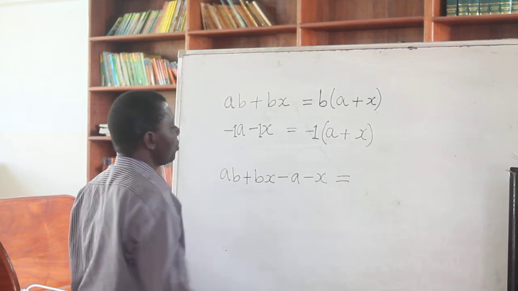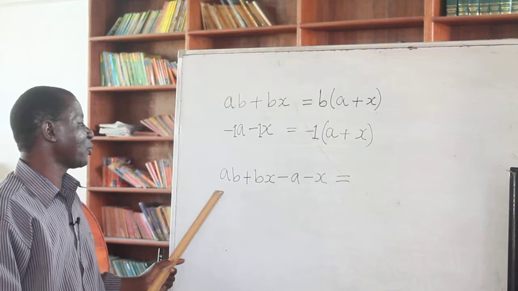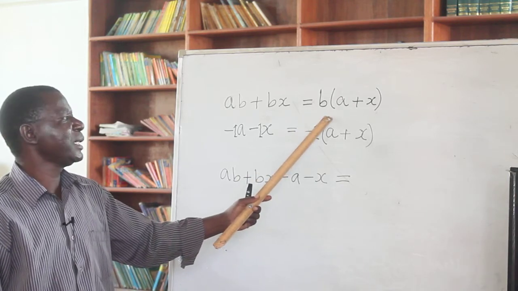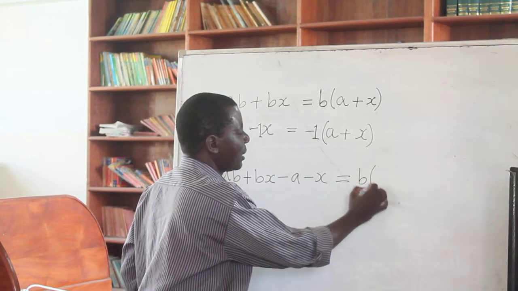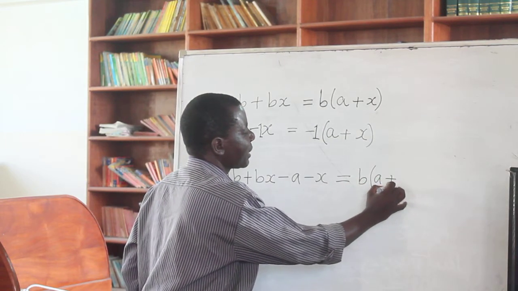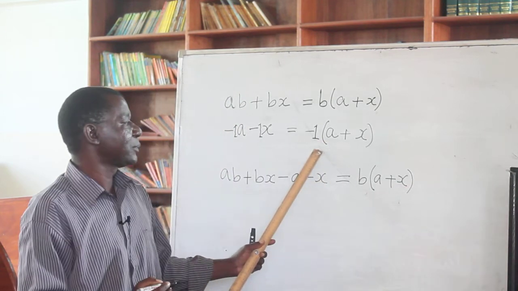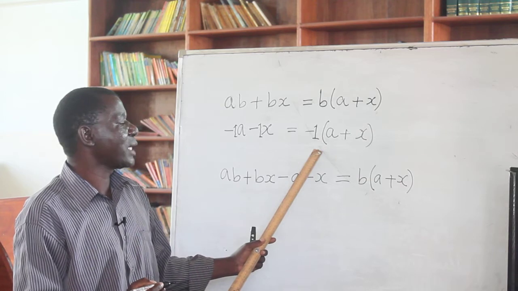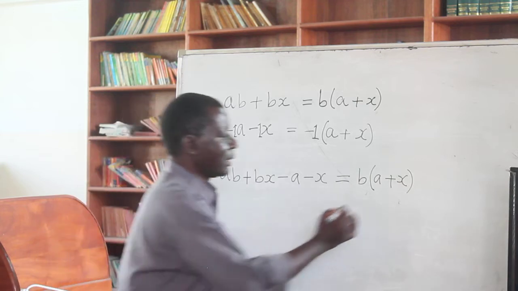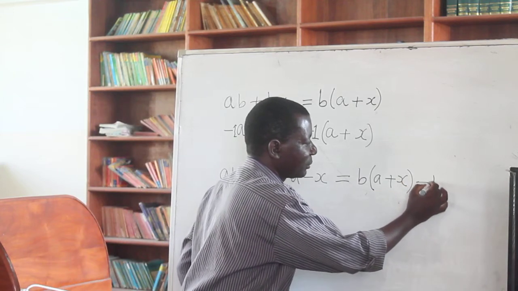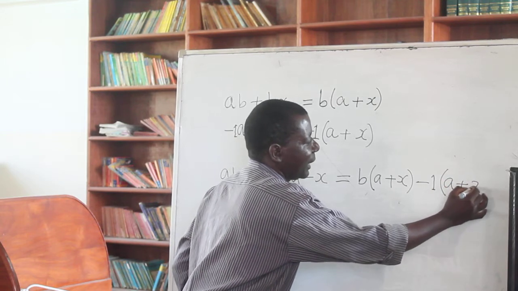This is going to be equal to, now taking those groups which we have factorized, the first group has been factorized as b in bracket a plus x. In the second group, we have factorized it as minus 1 in bracket a plus x.